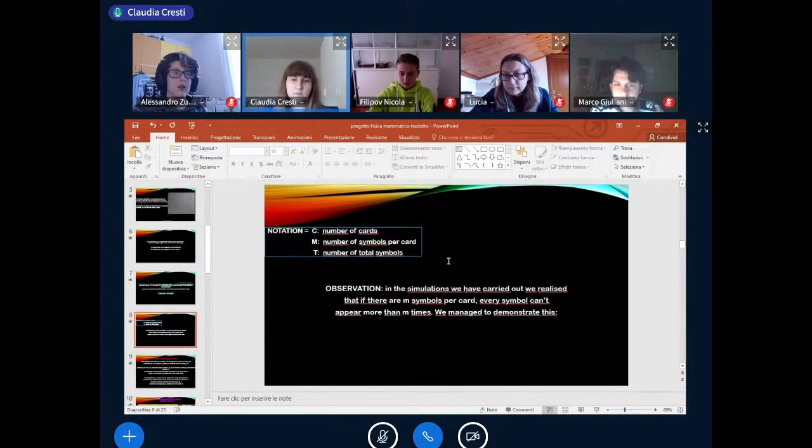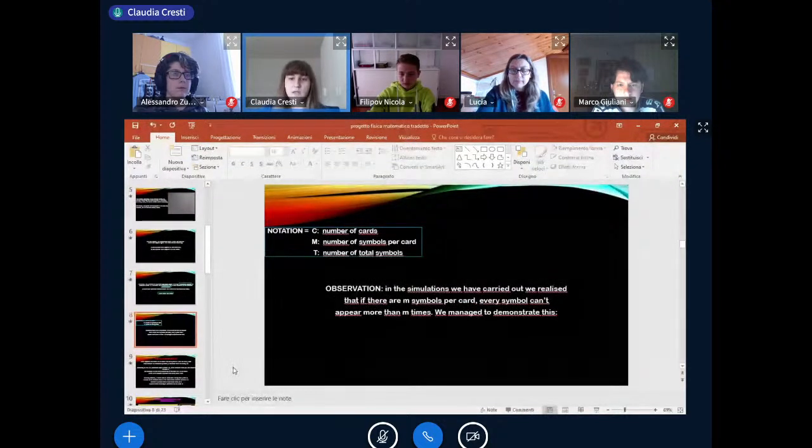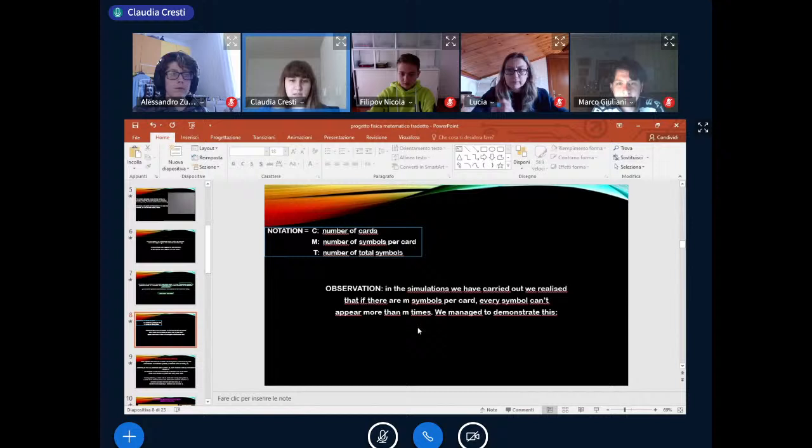To explain this, we made some notation. C is the number of cards, m is the number of symbols per card, and T is the total number of symbols. We made an observation. We realized that if there are m symbols per card, then each symbol cannot appear more than m times. So we have demonstrated it.